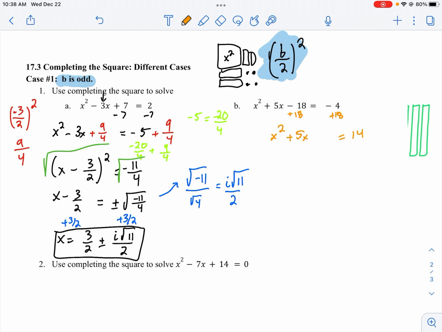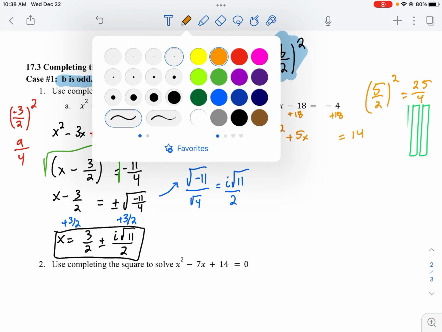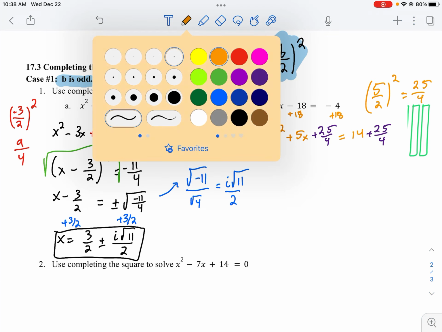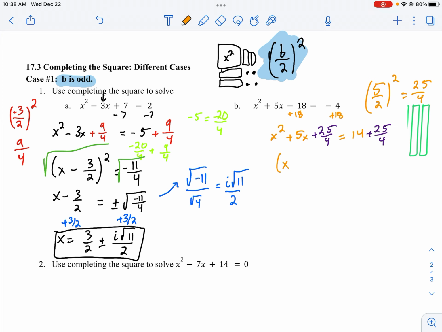Now, what we need to add is we need to take half of b and square it. So that's going to be 25 over 4. So we'll say plus 25 over 4 on both sides.